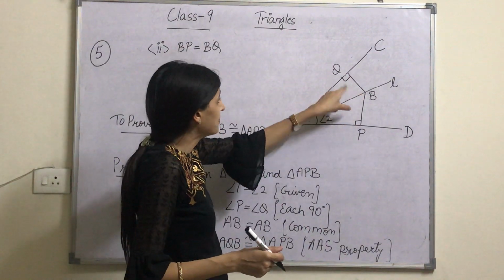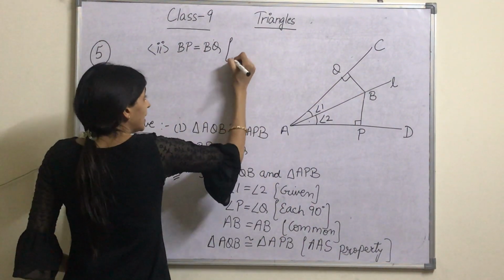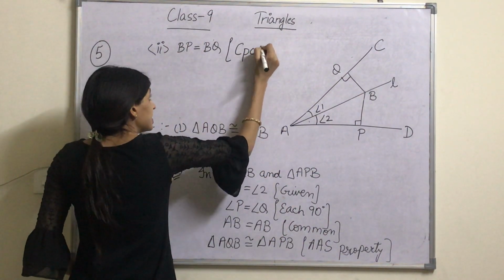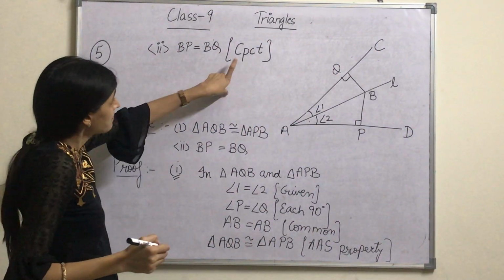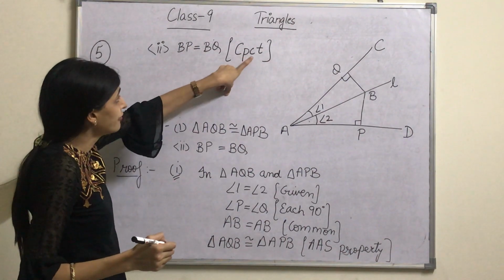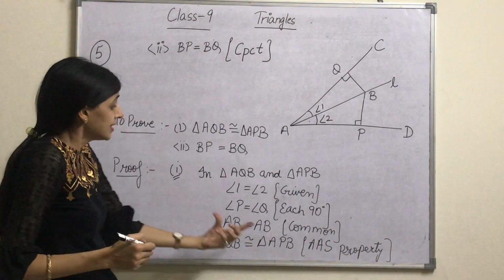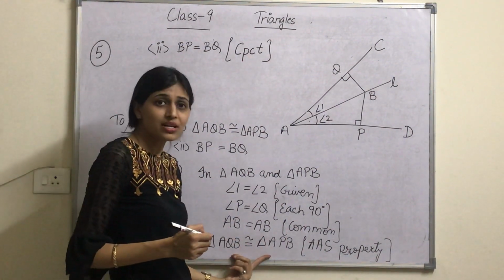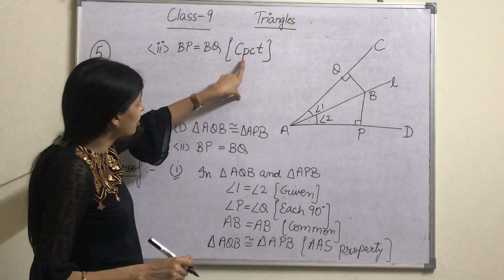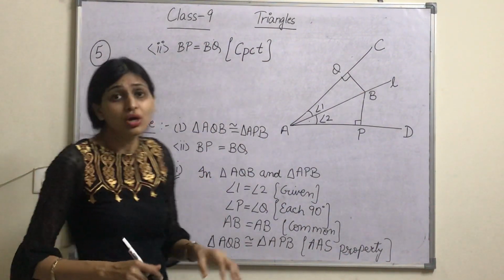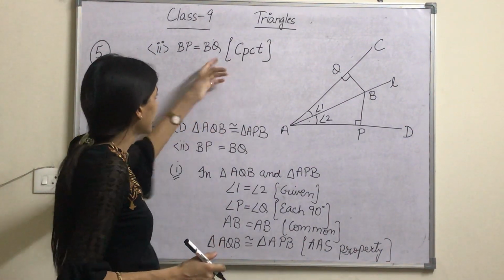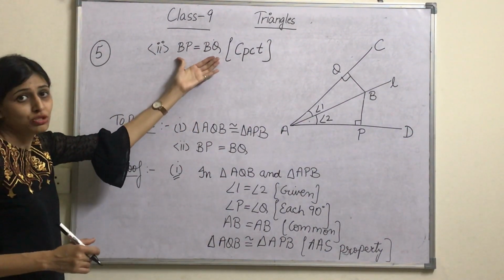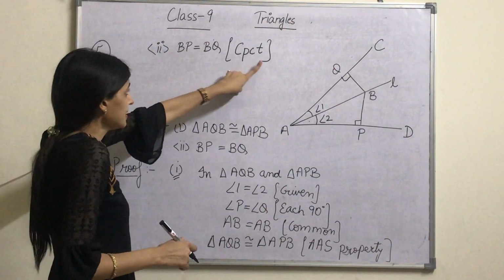So BP and BQ are also equal by CPCT. What is the full form of CPCT? Congruent part of congruent triangle. That means when the triangles are congruent, then their corresponding parts are also equal, right? So congruent part of congruent triangle. So these two parts are equal to each other by CPCT.